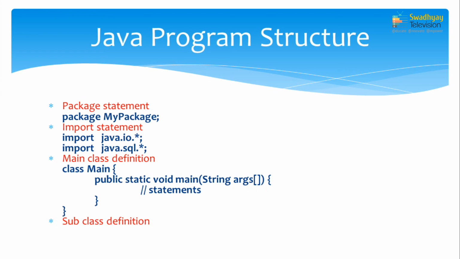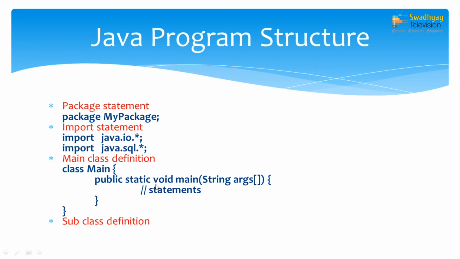The package statement is also optional, but it is highly recommended that you put all the classes inside a package. Then, as we discussed earlier, Java is purely object oriented programming. So, there should be at least one class, and this is the main class. You can see here our class Main includes a main method.